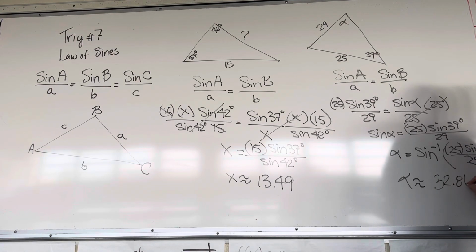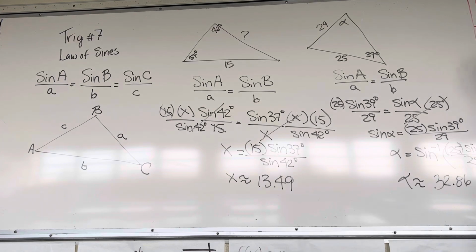I think you got it right though. That looks kind of right. Try it again. Okay, ready? Say 39 sine times 25 equals, divided by 29 equals, second sine to the -1. Oh, okay. 32.86. Yes, I'm rounding the 5 up to 6.